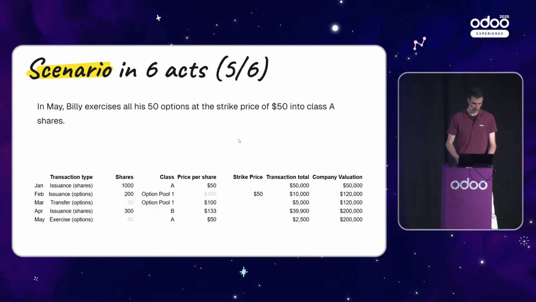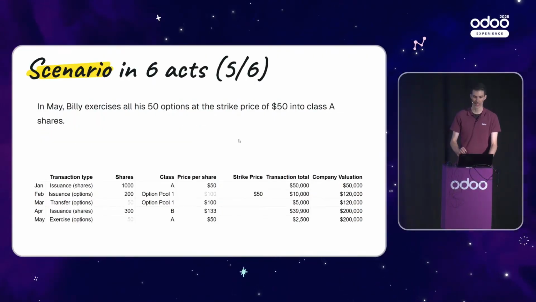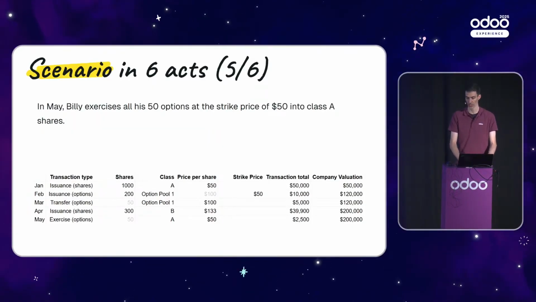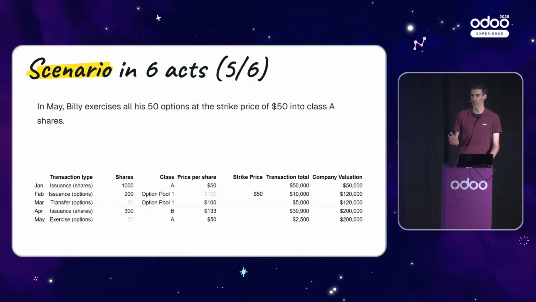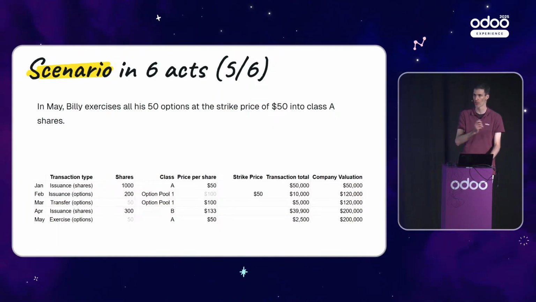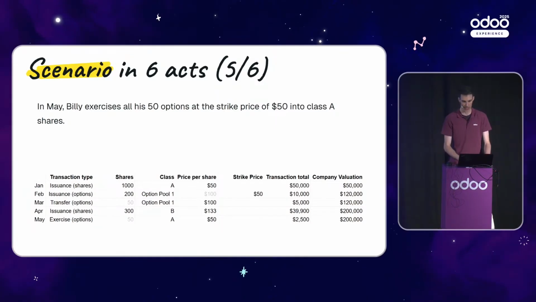Next, in May, Billy exercises all his 50 options at the strike price of $50 into a Class A share. Now, that's a good deal for Billy because his strike price was $50 from back in the days when the company was worth less and it was given to him.